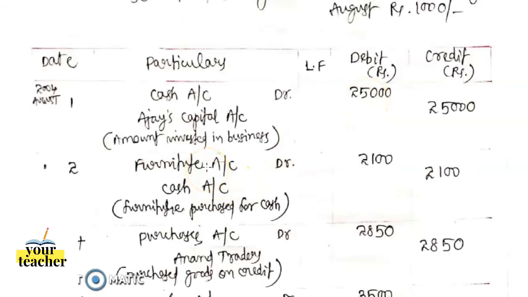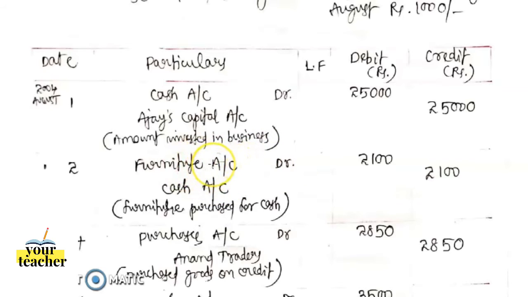Now next, he bought furniture for rupees 2,100. This furniture is an asset. You need to remember the rule that we wrote for the real account: debit whatever comes in and credit whatever goes out.